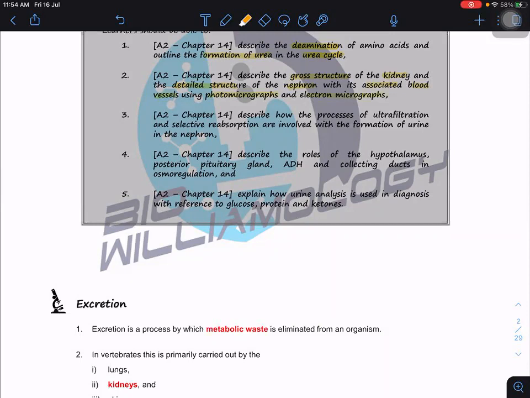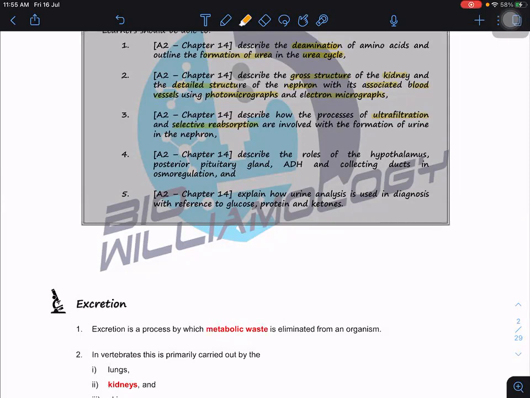So it means the microstructure of the nephrons. The nephron is the functional unit of the kidney. Are you clear? It's the functional unit of the kidney, so that the kidney will be able to carry out two processes. What are these two processes? They are ultrafiltration and selective reabsorption. So we need to describe how the processes of ultrafiltration and selective reabsorption are involved in the formation of urine.